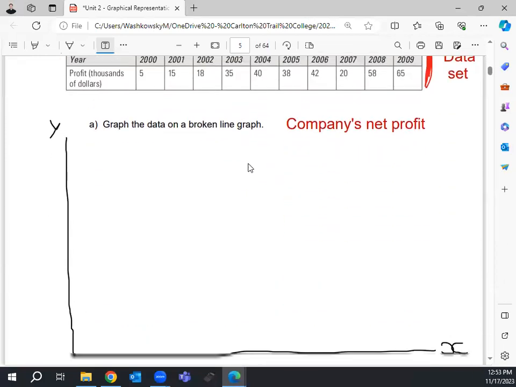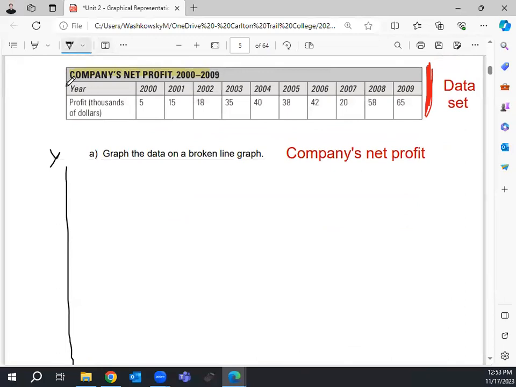So a nice rule of thumb here, first off, is that if you have a time, that is almost always going to be on your x-axis. If you're dealing with something that involves measuring time, that's usually on your x-axis. Now, is time here our dependent or independent value?